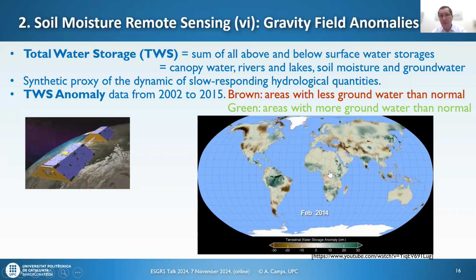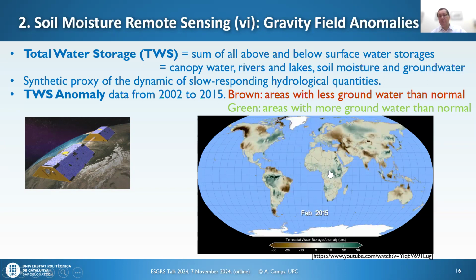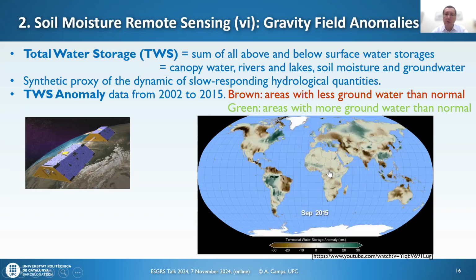This increases the gravity field, and that can provide a proxy, okay, of the amount of water that is stored overall. Okay, of course, the resolution is very coarse. We are talking now about hundreds of kilometers, but this can provide really very interesting patterns to see long-time evolutions of deficit or excess of water underground.